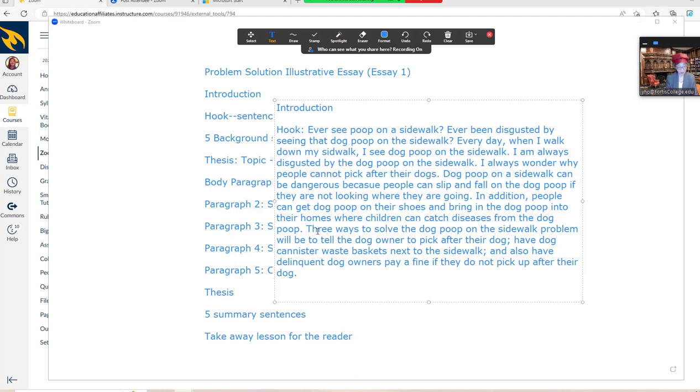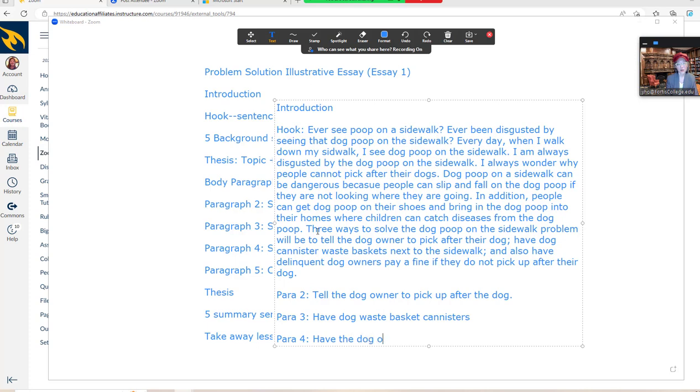So then paragraph 2 is to tell the dog owner to pick up after the dog. Paragraph 3 would be to have dog waste basket canisters. Paragraph 4, have the dog owner pay a fine.